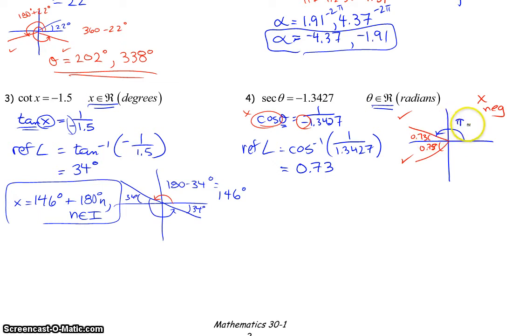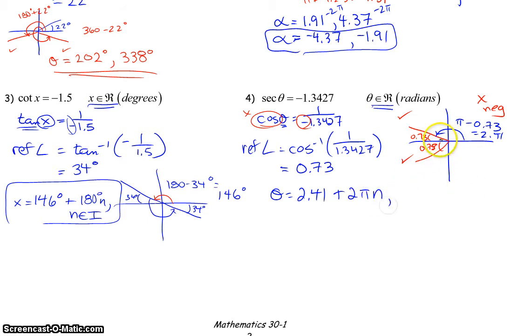That would be pi, because we're in radians, minus 0.73. So if we go pi minus 0.73, we would get 2.41. Okay, so theta is going to be 2.41. Now, to get back to that terminal arm in quadrant 2, we would have to add a full rotation. So we're adding 2 pi n.